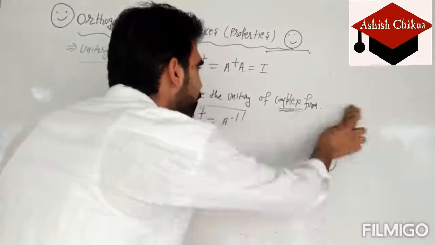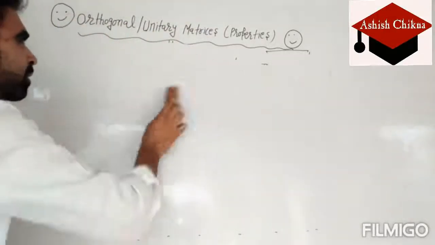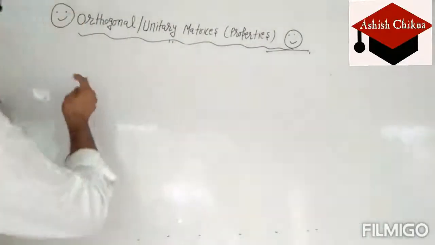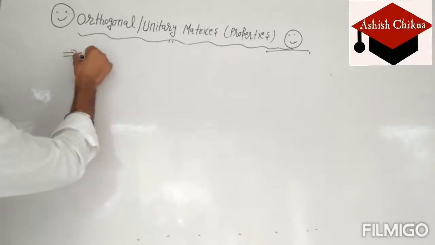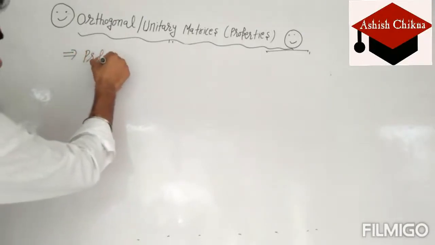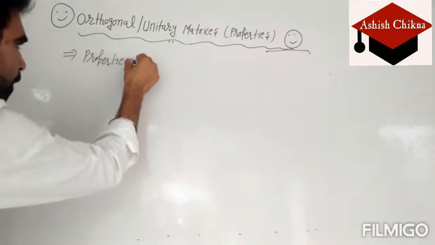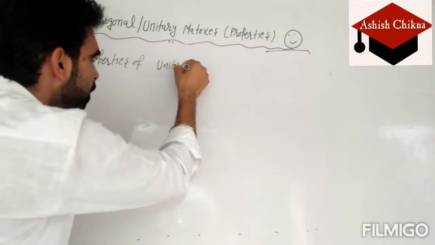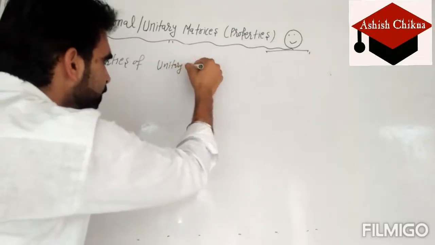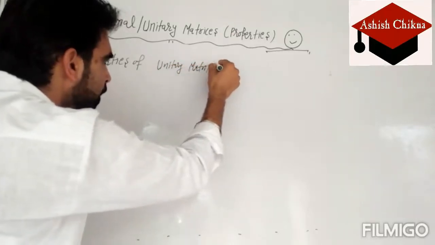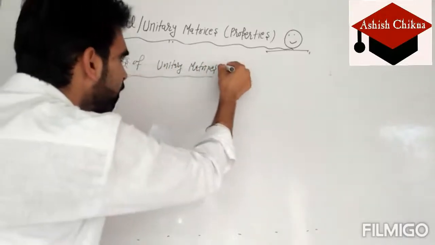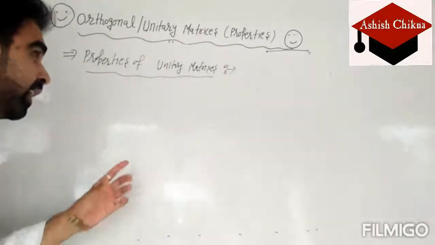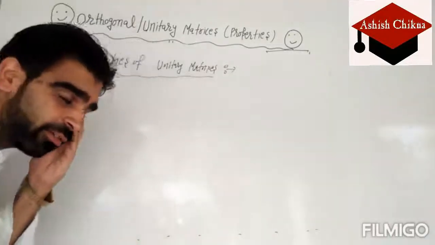Now let's discuss the properties of unitary matrix. The definition is also A dagger is equal to A inverse.